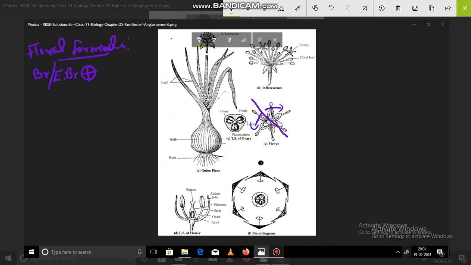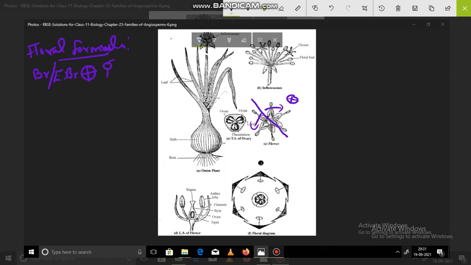That is called actinomorphic, and this is the symbol of actinomorphic. If you cut the flower longitudinally, you will get 2 equal halves. That is called actinomorphic. And then comes bisexual.